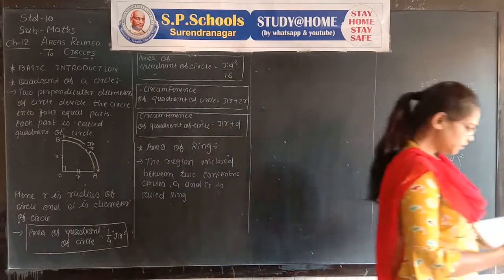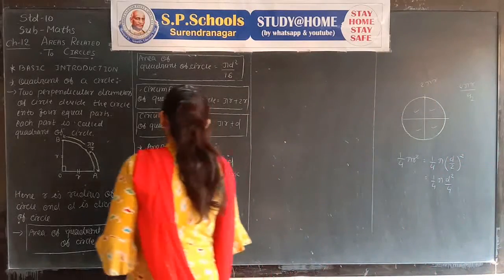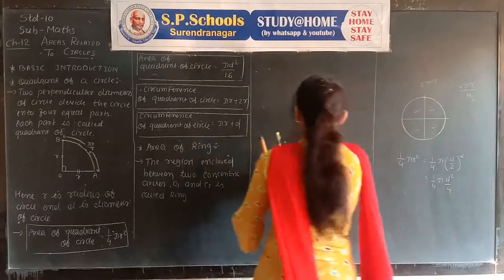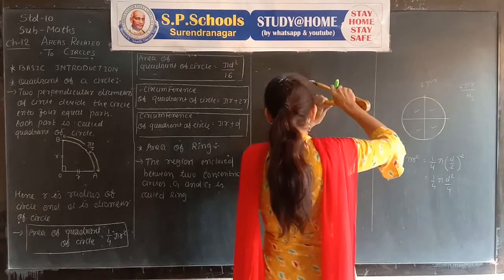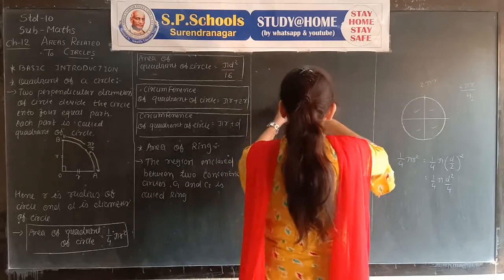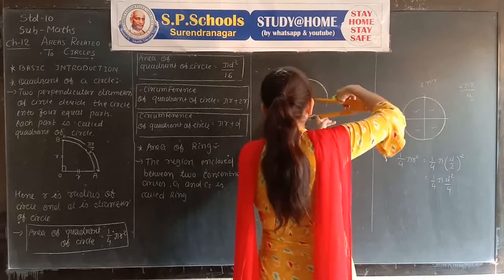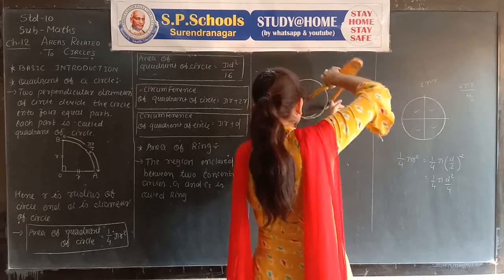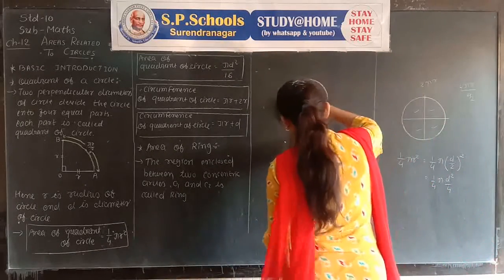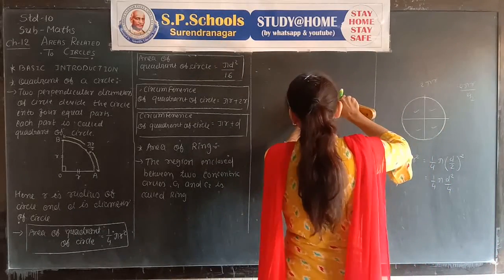Here two circles with different radii are given. Let's draw two concentric circles. Another circle is there.